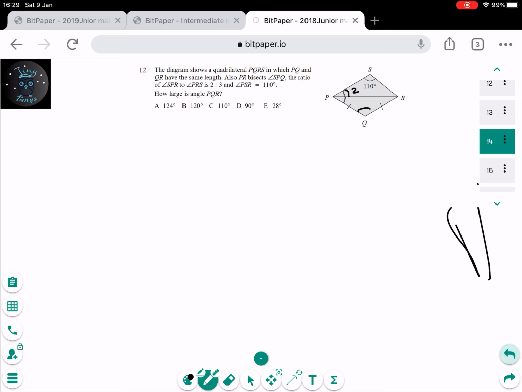So what we can do now is 180 minus 110 equals 70, which also equals 5 units.